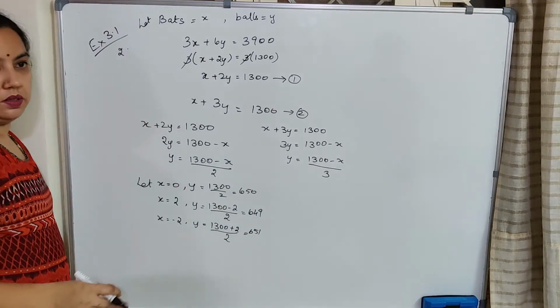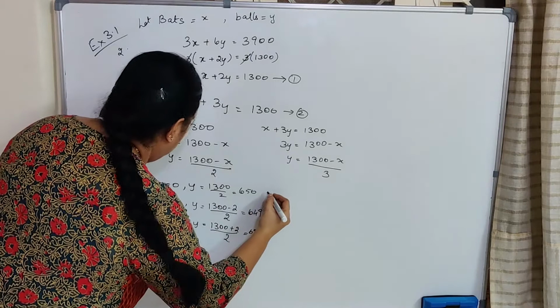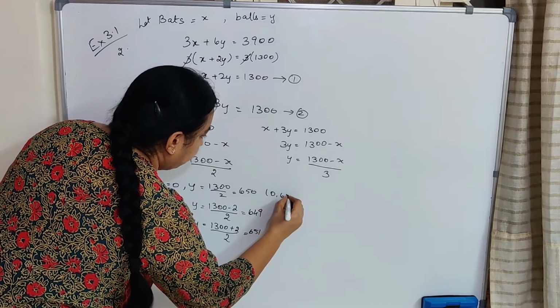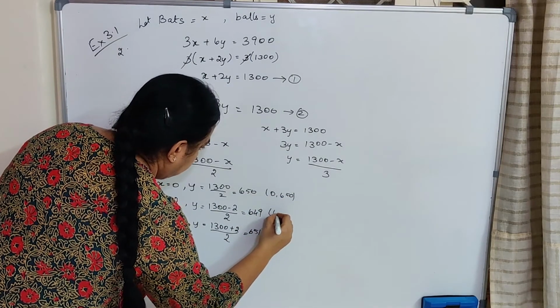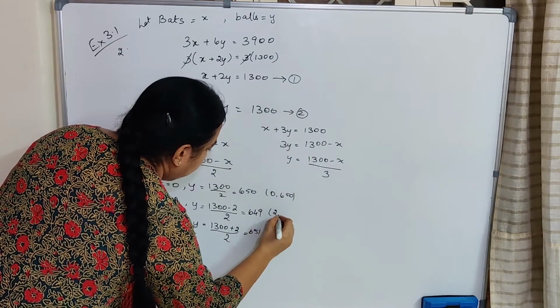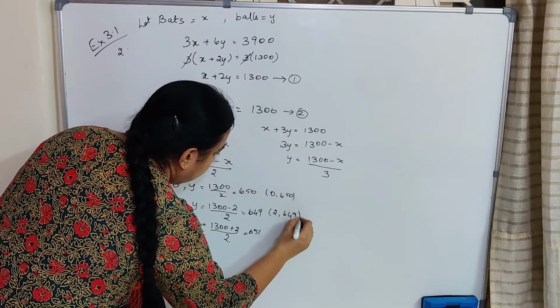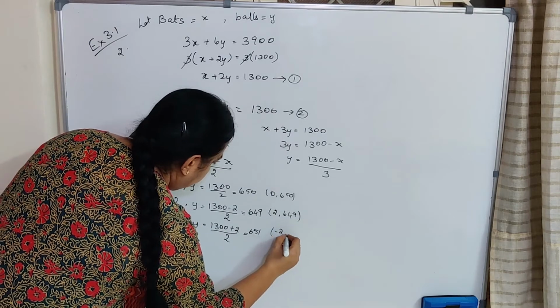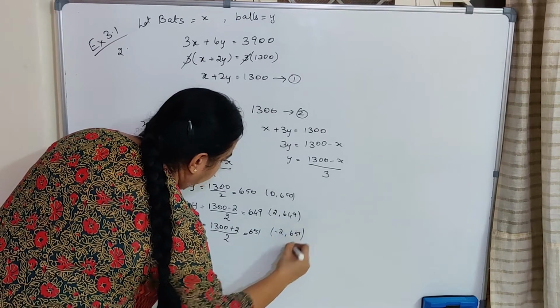So again I have got 3 points. The points will be 0, 650 and the second point 2, 649. Third point will be minus 2, 651.